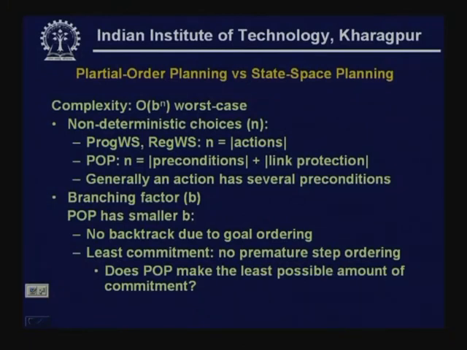But if we have two subgoals G1 and G2, let us say on AB and on BC, we do not have to backtrack on which one first. We can do both separately, and then while deciding which action to take first, we look at what conflicts they generate, the unsafe links. So, there is no backtrack due to goal ordering.